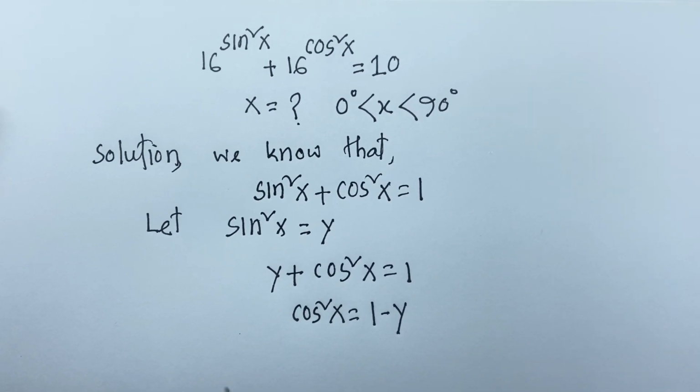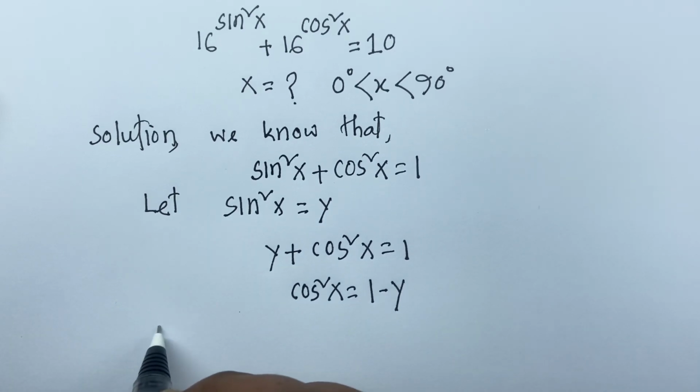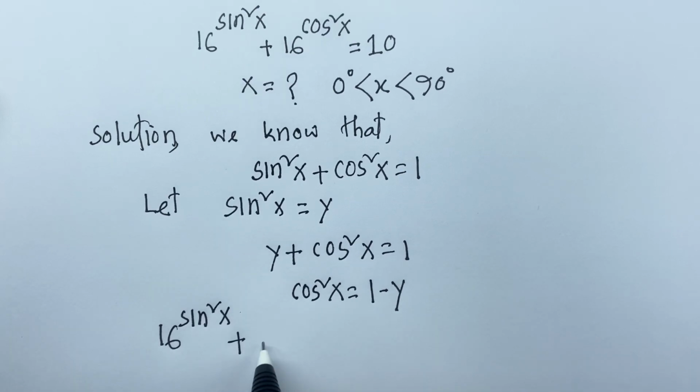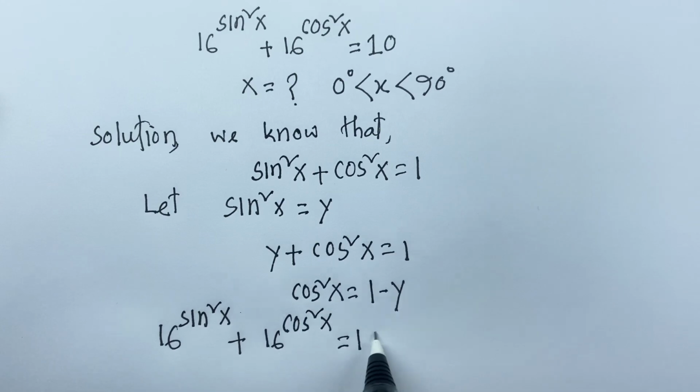So our question is 16^(sin²x) + 16^(cos²x) = 10.